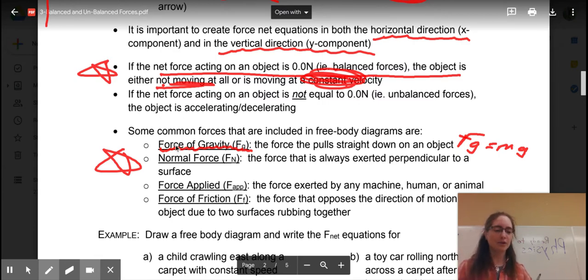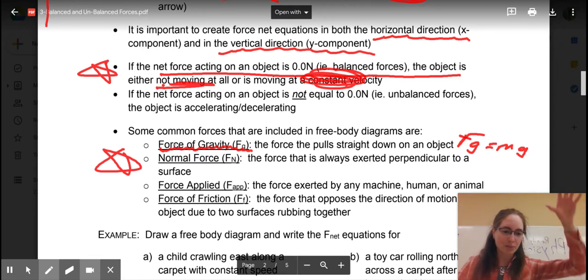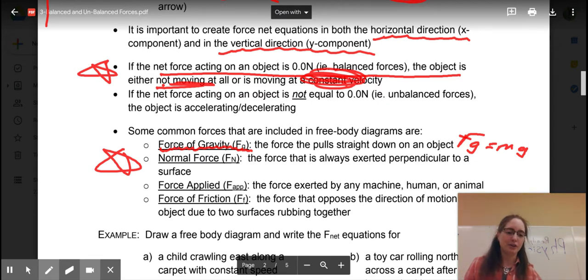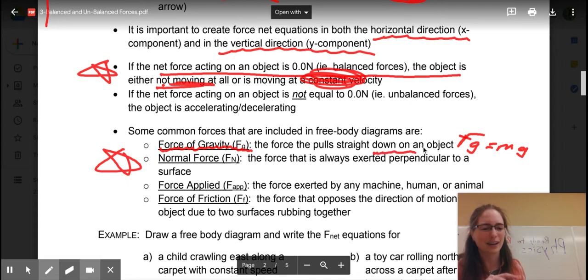That is your force when we drop something, or when we throw something up in the air and catch it. Your force of gravity is always acting downwards. Always, always, always, force of gravity is down, ladies and gentlemen. That is your direction for down.